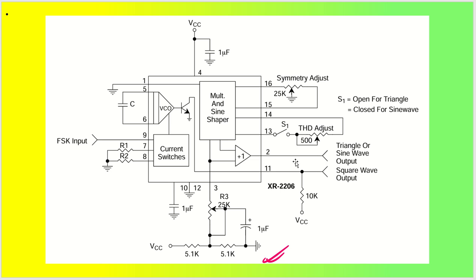Coming back to other parts, we have triangular or sine wave output at pin number 2, then square wave output at this pin, and this must be pulled up because it is open drain output. We have timing resistors, then timing capacitor, then ground pin, and FSK input. Pin number 1 is your amplitude modulated shift keying, so that is grounded, and this is my power supply.